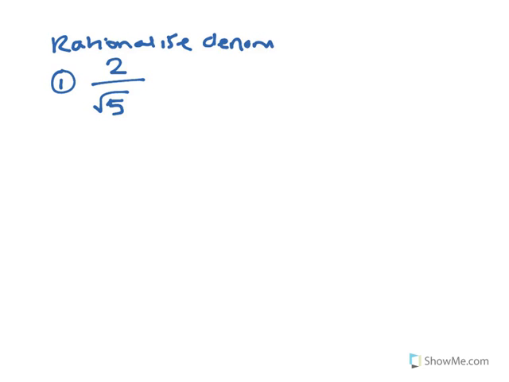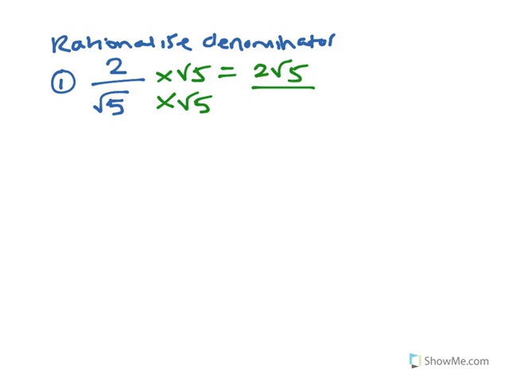So if you have 2 on root 5, for example, and you want to rationalise the denominator, then you multiply the top and the bottom by root 5. So 2 times root 5 is 2 root 5, and root 5 times root 5 is root 25, which equals 2 root 5 over 5.